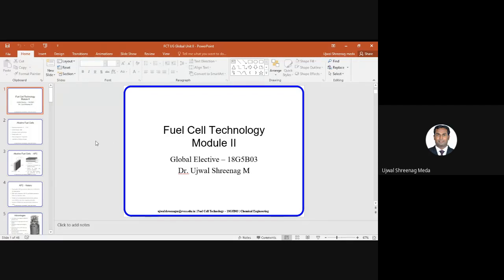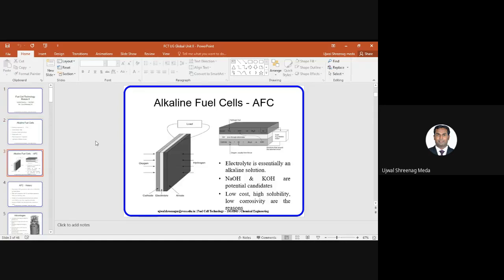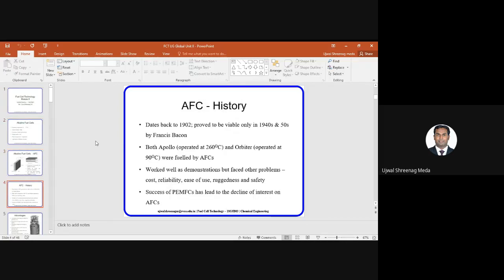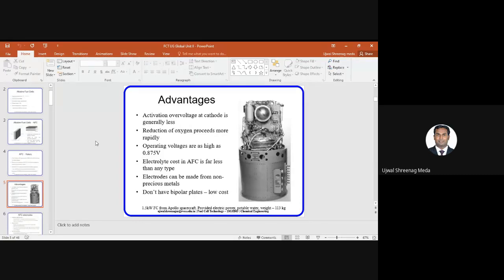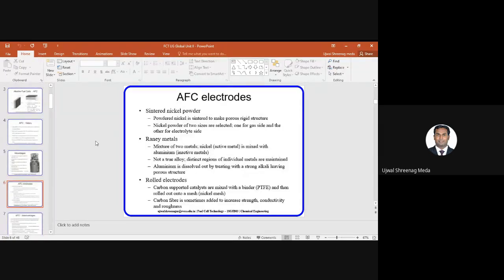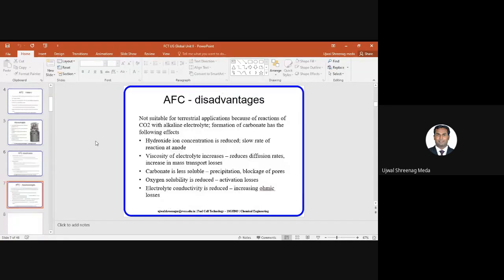And we also learnt about the reactions and working principle. So little background, advantages, types of electrodes, how these are fabricated, and disadvantages. Coming to the disadvantages, the fuel should be pure. It should not contain carbon dioxide. If carbon dioxide is present in the fuel that enters the alkaline fuel cell, it will react with the electrolyte, that is NaOH or KOH, forming carbonates.